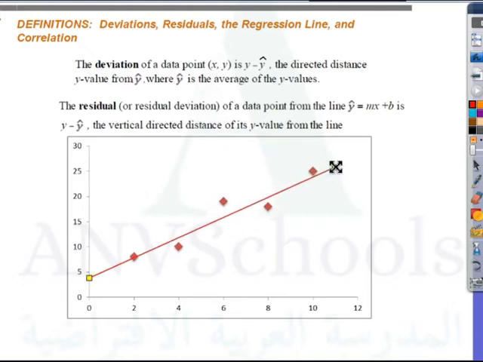And this is, let's say, our best fit equation according to regression analysis on your grapher. So what we're trying to say here is that we have the deviation of a data point xy, xy is y minus y hat.